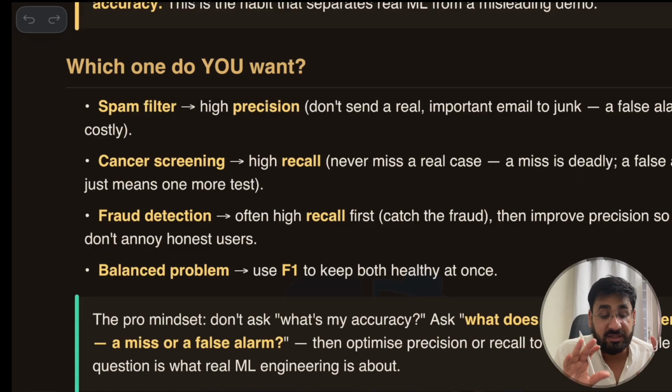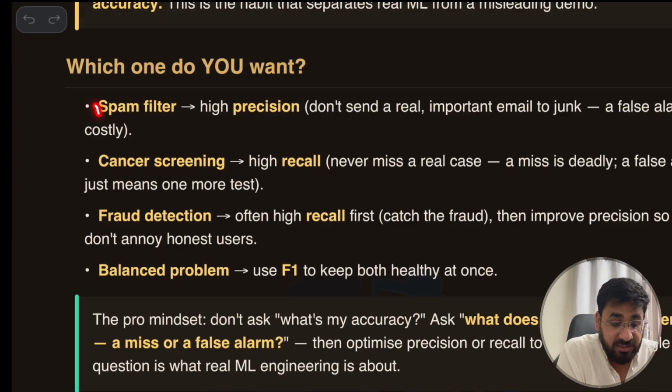That is something that will make you a better, more mature machine learning engineer. So in a spam filter, you want high precision. Why? Because the number of spam emails will be very low, and if our precision is very high, we will not let a single mail that is actually spam pass through our model.